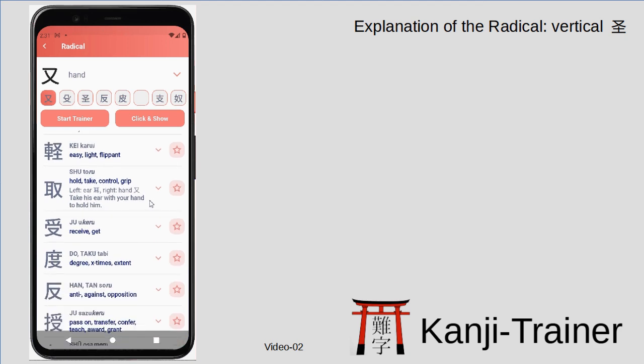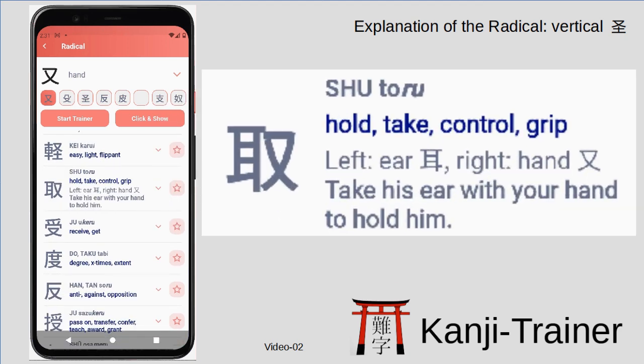The third one has the pronunciation toru or shu and the meaning to take or to hold. It is composed of the character for ear and hand, with the memory phrase, take his ear with your hand to hold him. Once again, take his ear with your hand to hold him.